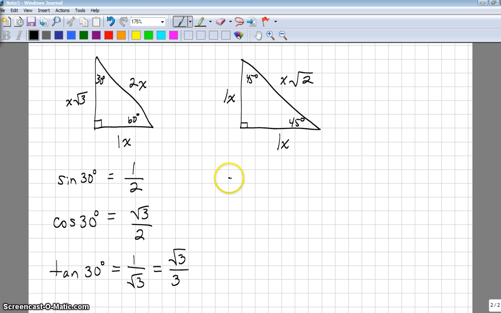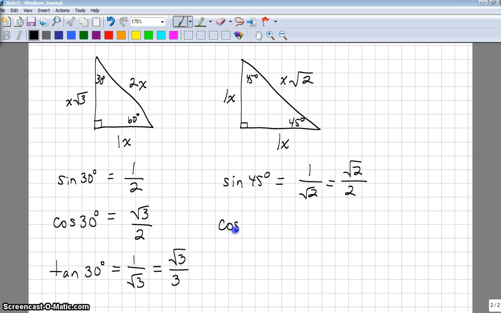So let's do 45 now. The sine of 45 degrees is the opposite over the hypotenuse. So if I'm looking from one of the 45-degree angles, the opposite is 1, the hypotenuse is the square root of 2, so that simplifies to the square root of 2 over 2.